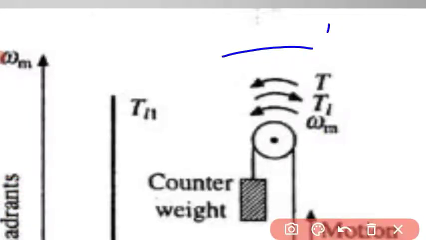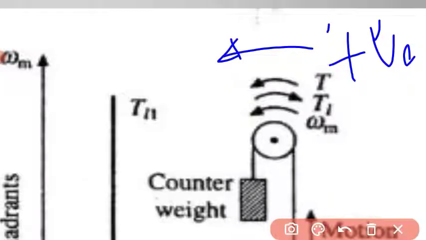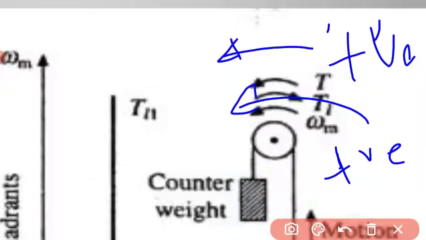The speed, the motor rotates anti-clockwise, which is positive, and the torque developed by the motor is also anti-clockwise. Hence both are positive, hence the power developed by the motor is positive, hence it is the first quadrant.